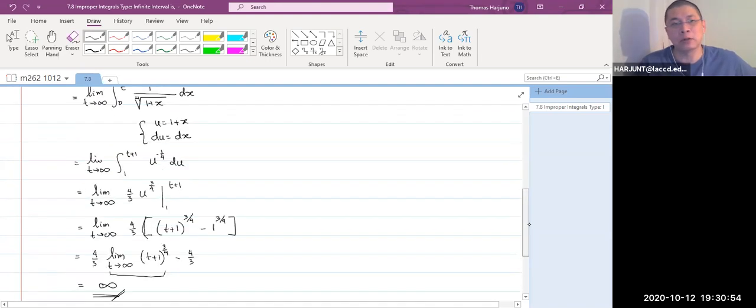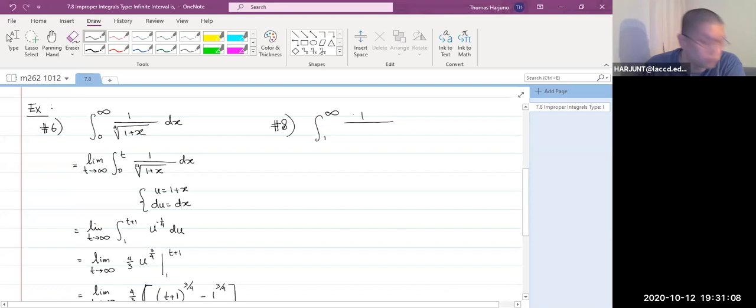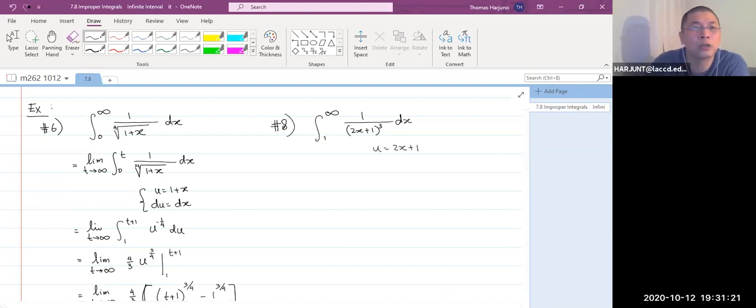Another example, number 8: the integral from 1 to infinity of 1 over (2x plus 1) cubed dx. If my u is 2x plus 1, oh, you know what? I need to do the limit first. See, I myself want to rush.